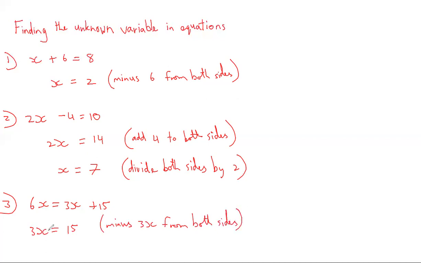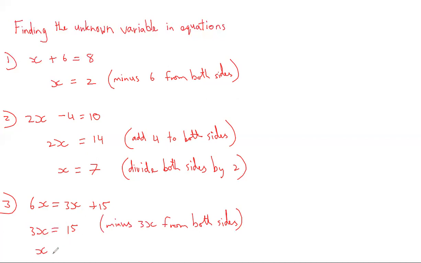3 is multiplying x to give us 15. Therefore, to get x by itself, we divide by 3. If we divide 3x by 3, the 3s cancel, x remains. Whatever we do to one side, we do to the other. So we divide by 3 on both sides.